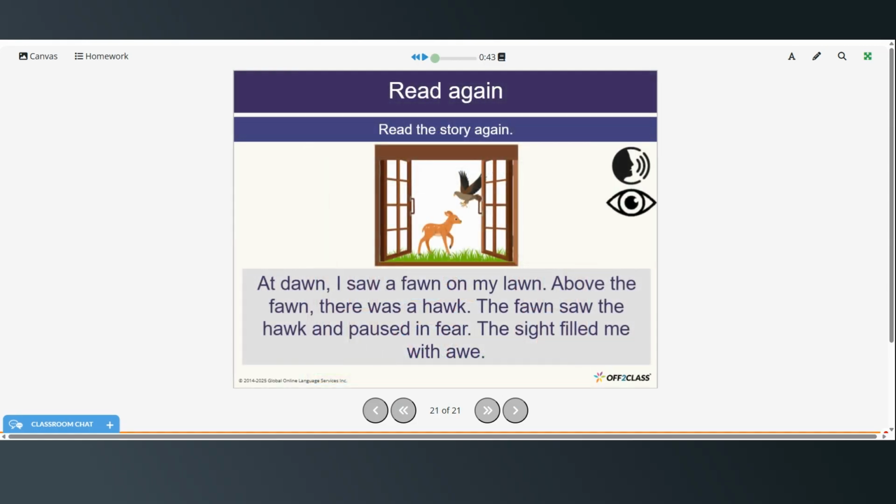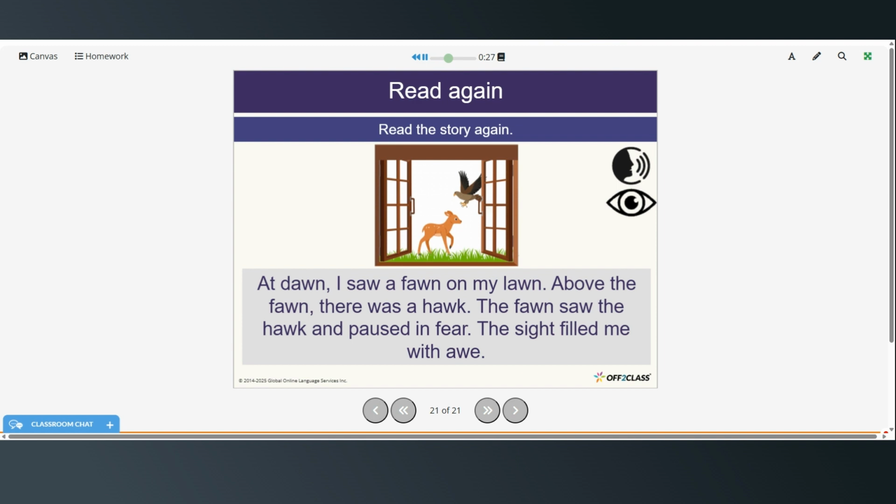All right, now practice reading the entire story again and then restart the video when you're ready to listen and check. At dawn, I saw a fawn on my lawn.